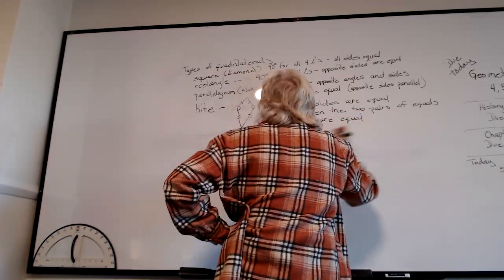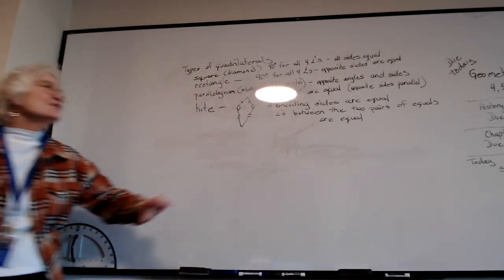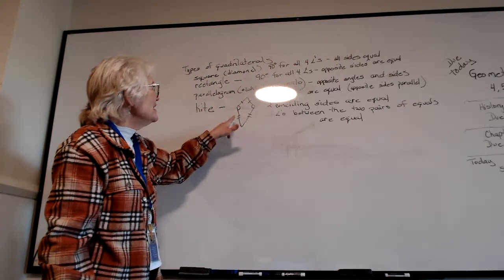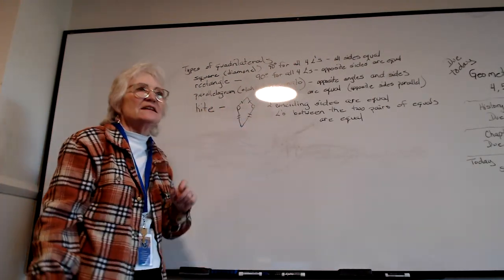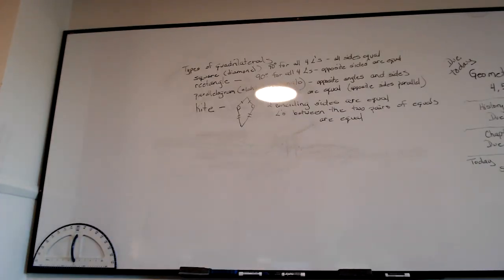That's harder to say than just drawing that picture. That picture tells me a lot more. These sides are equal, these sides are equal, and these angles are equal. We can't necessarily say anything about that. So that's one of the things you can say.